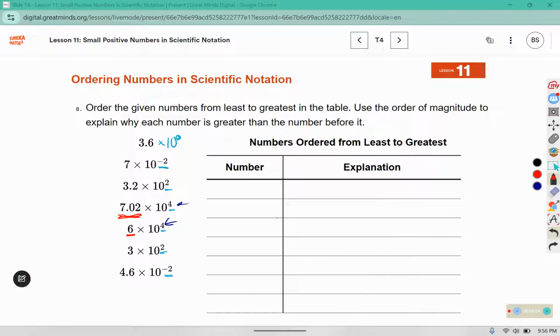And since 7.02 is bigger than 6, we say that 7.02 times 10 to the 4th is the largest in this list. And the explanation is it has the largest magnitude and the biggest initial value.